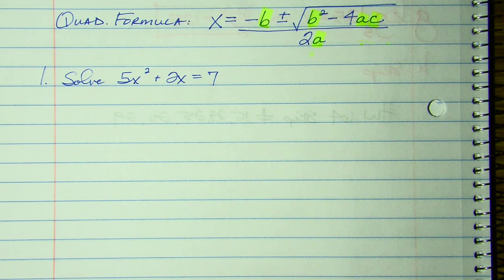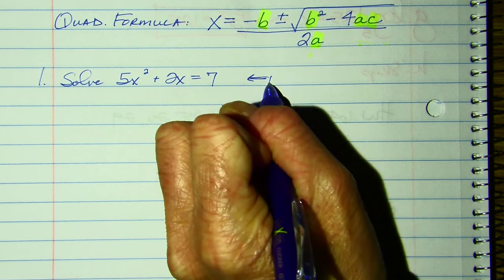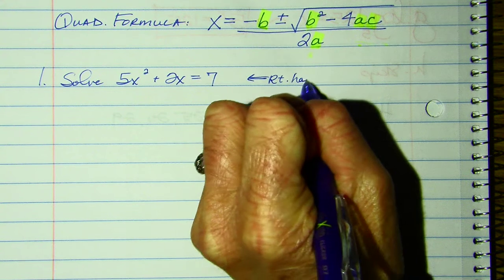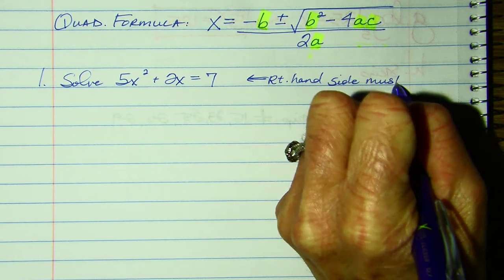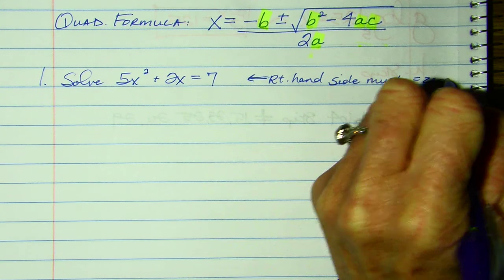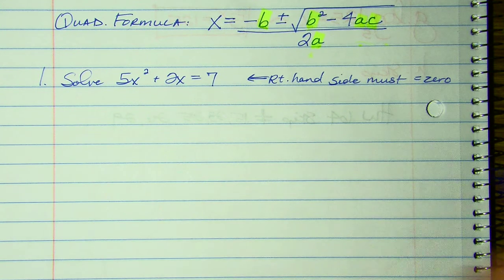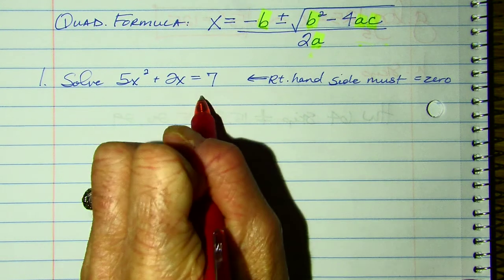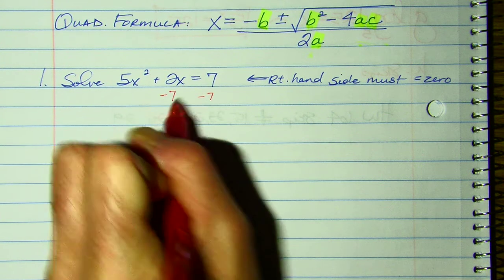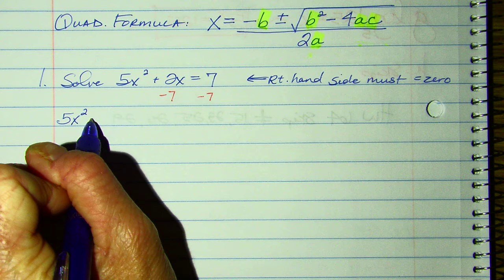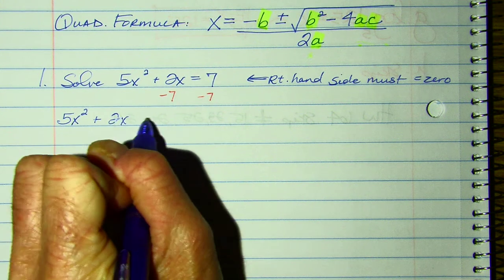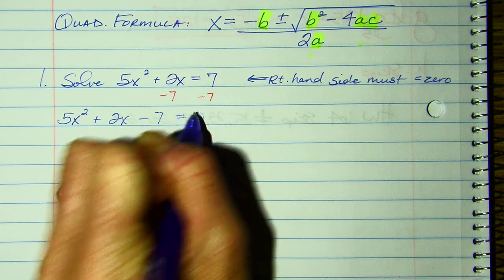First things first, the right-hand side must equal 0. I'm going to do that by subtracting 7 from both sides, and then I'm going to rewrite it. So 5x squared plus 2x minus 7 equals 0.